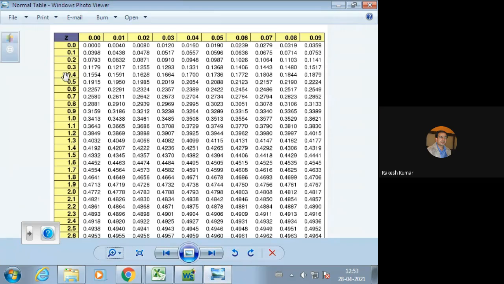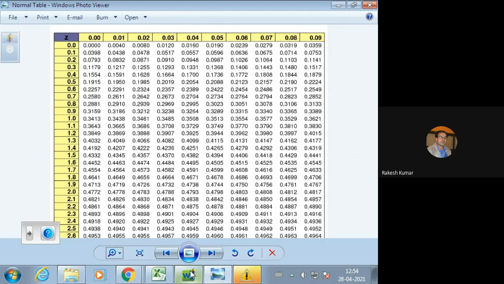For 0.2, just see, this is 0.2019. There is a margin of error. The margin of error is 0.0019, and here we have a larger margin of error. So we will take the value in front of 0.5, the row of 0.5 and from the top 0.03.